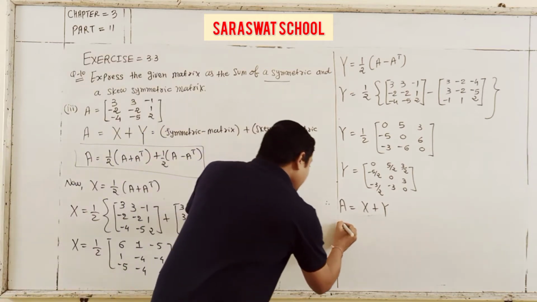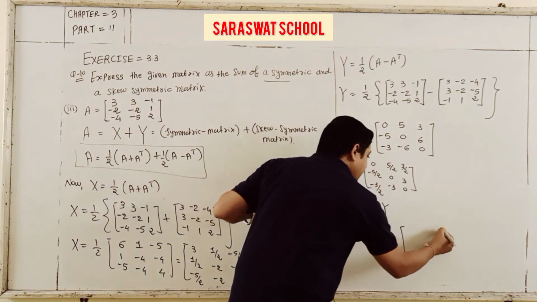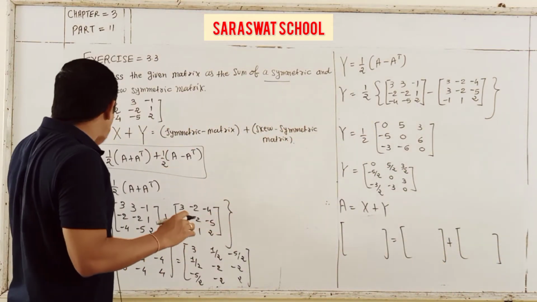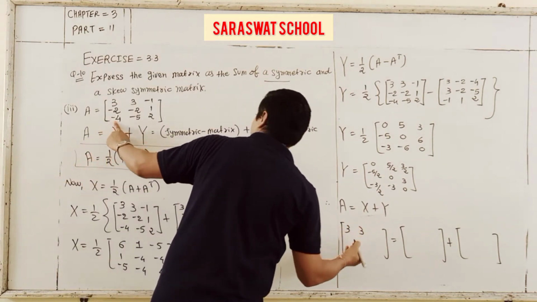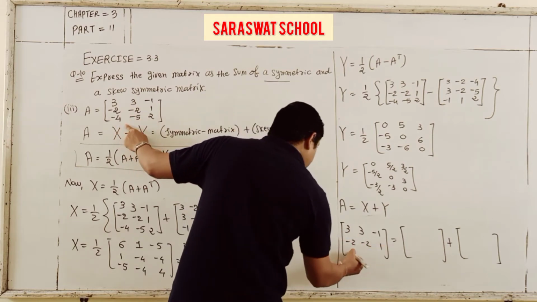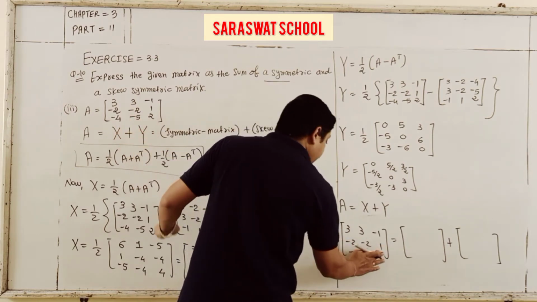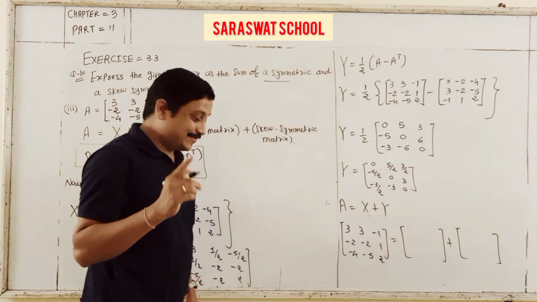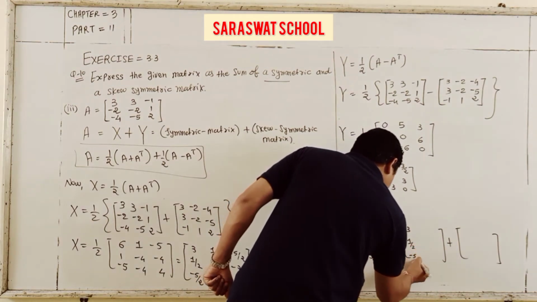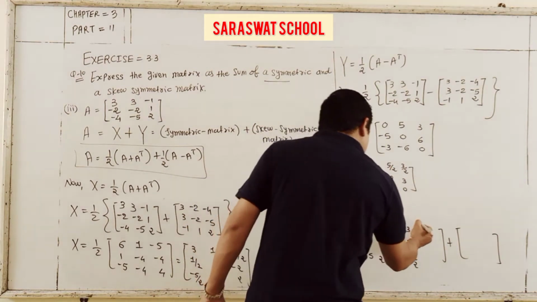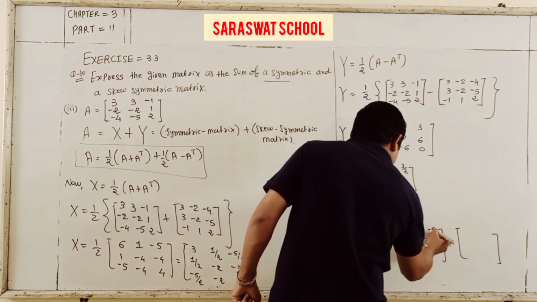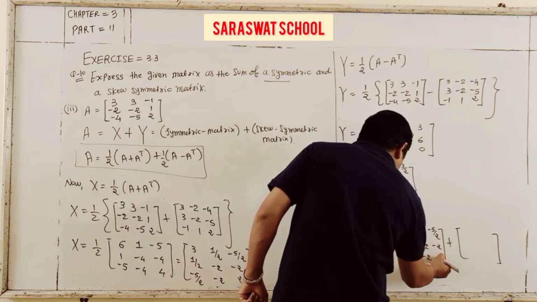So the A matrix is done. I represent that as X, and here the Y. Only you show the data. A is fixed: 3, 3, minus 1, minus 2, minus 2, 1, and last minus 4, minus 5, 2, and X represents that one: 3, 3 by 2, minus 3 by 2, 3 by 2, minus 2, minus 2, and last minus 3 by 2, minus 2 and the 2.